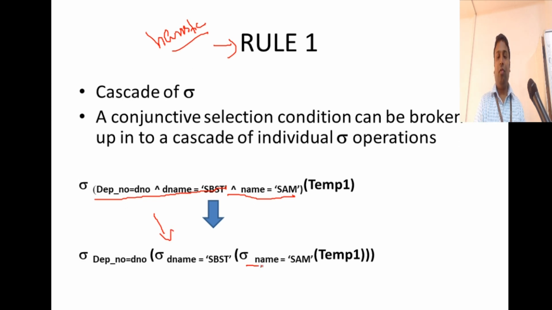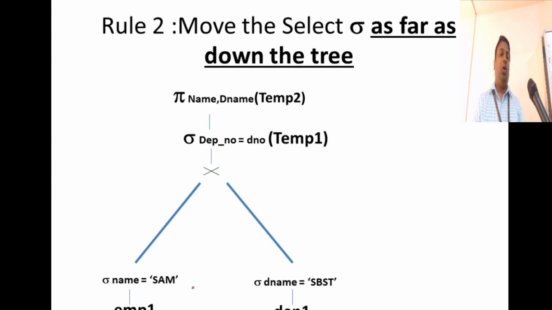So I have broken it down. First I am applying this. And then you think whether you can apply any one of the conditions on a table separately. What you have to think is, can you really move this down the tree? That is rule number 2. Rule number 1 is you break it down. Rule number 2 is try and move the selection conditions down the tree immediately wherever you can apply them.